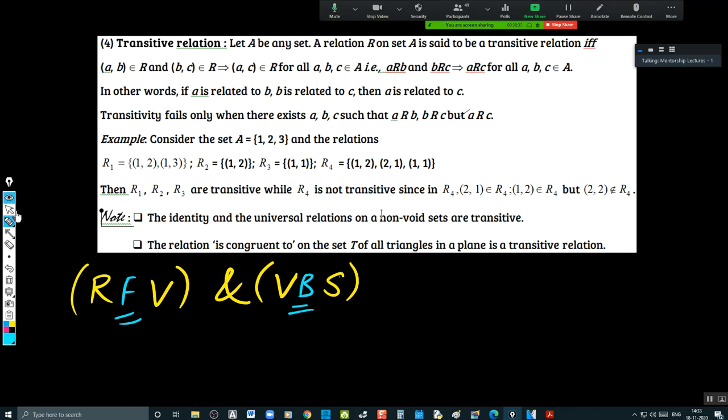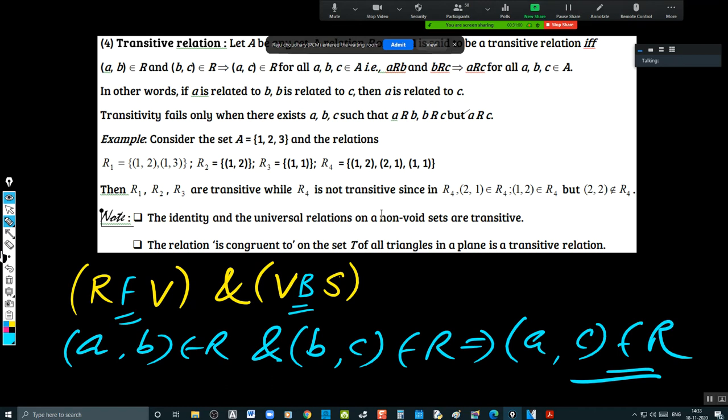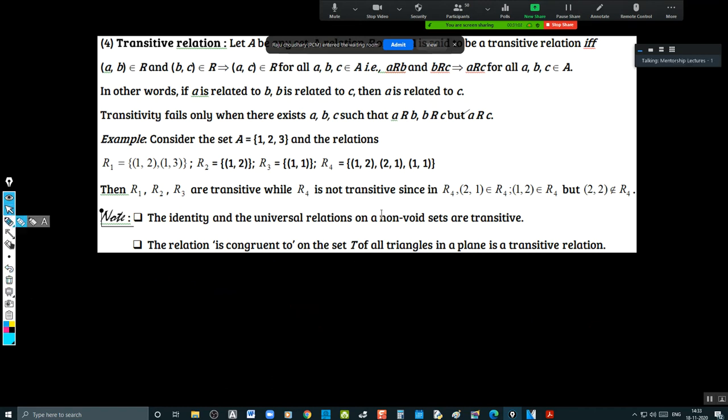Are you there, everyone? So when the relation is transferable, AB belongs to R and BC belongs to R implies AC also belongs to R, then we can say this is a transitive relation. Very simple, easy to understand. Okay. Next.